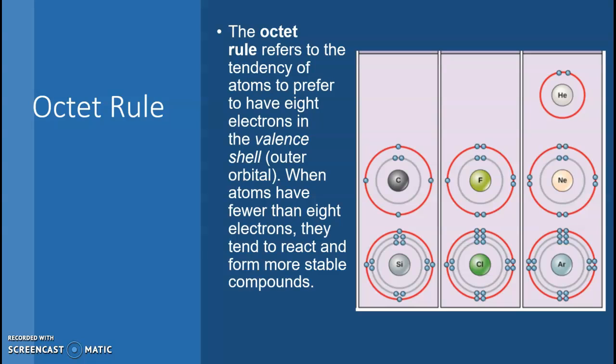It's going to actually just go towards the noble gas helium configuration in its interaction. But the rest of these, neon 2, 4, 6, 8, argon 2, 4, 6, 8, something like fluorine, which has 7, will try to get 8, so it's more like neon. Something like chlorine, which also has 7, will try to be more like argon, and so on. And that's what the octet rule is all about.